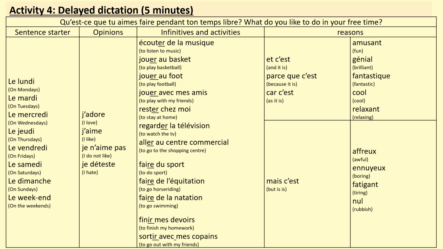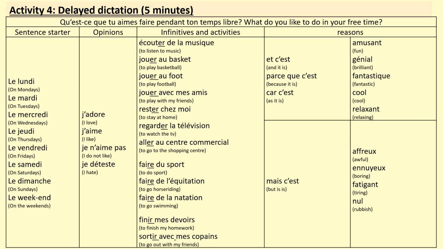So here is now your sentence builder. I'm going to read you a sentence and you're going to write that sentence in your books in 10 seconds. So make sure that you don't write it as I'm saying it, because that would be cheating, and that you only write it after I finished counting down.